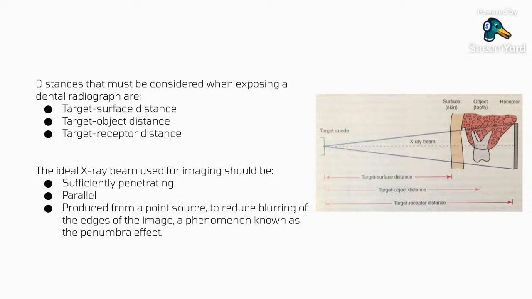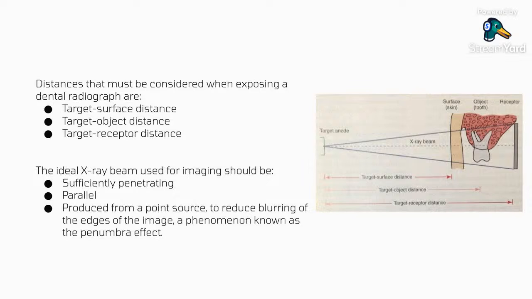Then we have the ideal X-ray beam used for imaging should be sufficiently penetrating so that it does pass through the patient and react with the film emulsion and produce a good contrast between different shadows, okay? The most ideal x-ray you would want will have to be parallel, so that means that it should not be diverging, okay.